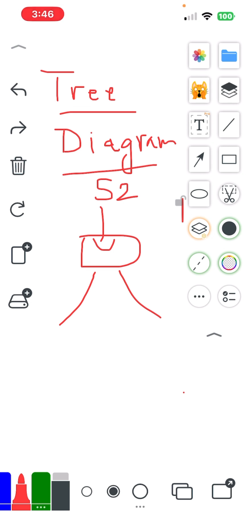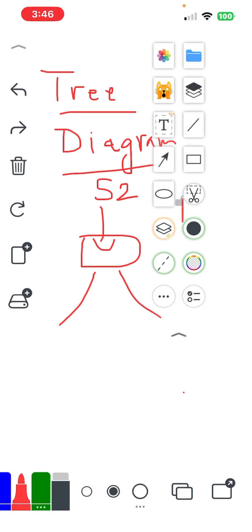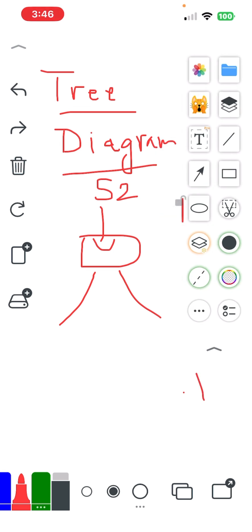So in this case, assuming you have 52 cards, your first draw over here represents your first draw. And again, this is for with replacement, which means whichever card you draw from your deck, you'll be putting that card back in the deck for your next draw.